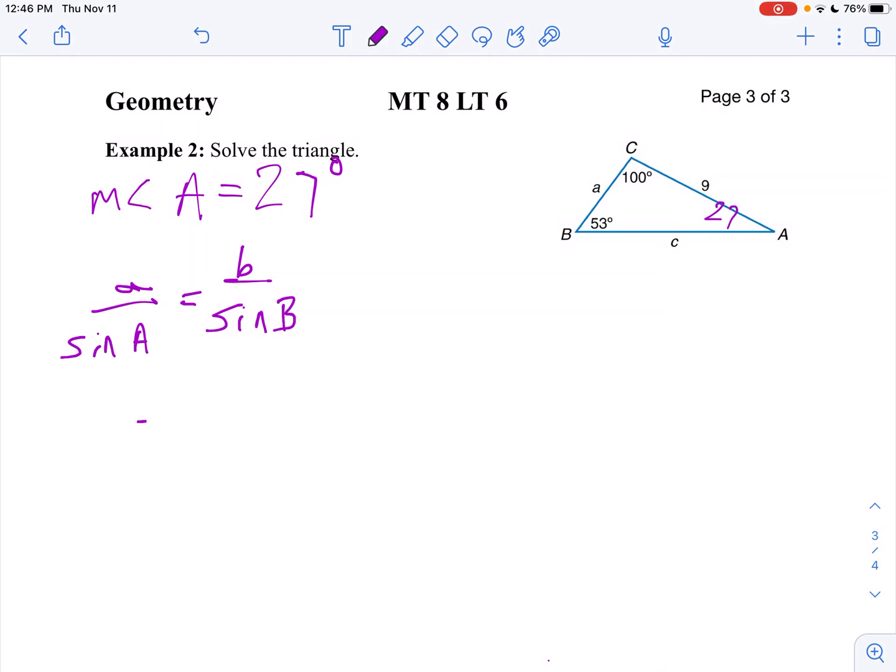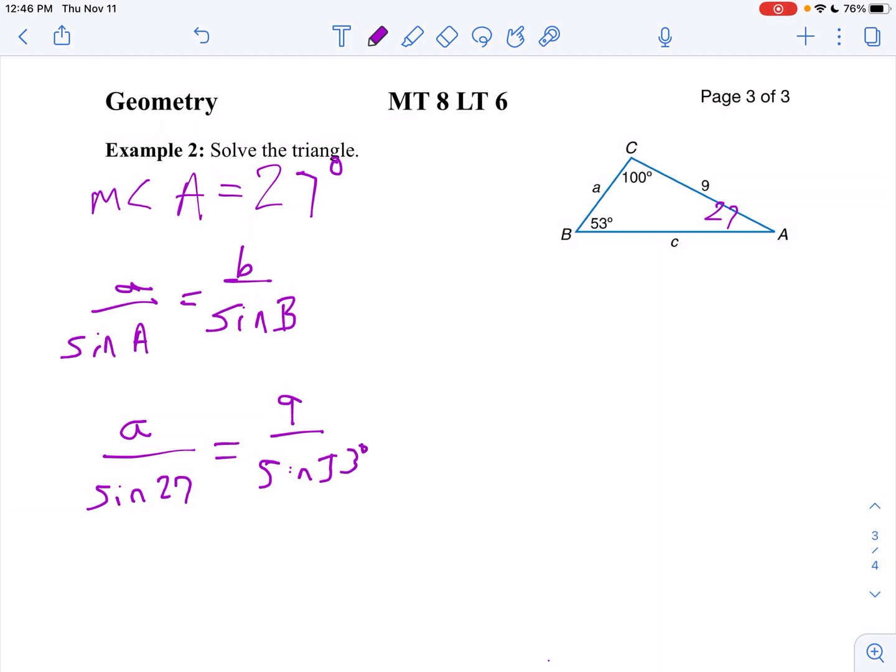I'm looking for A. I know angle A is 27 degrees, so I'll say over the sine of 27. B is 9, and angle B is 53 degrees, so over the sine of 53 degrees.